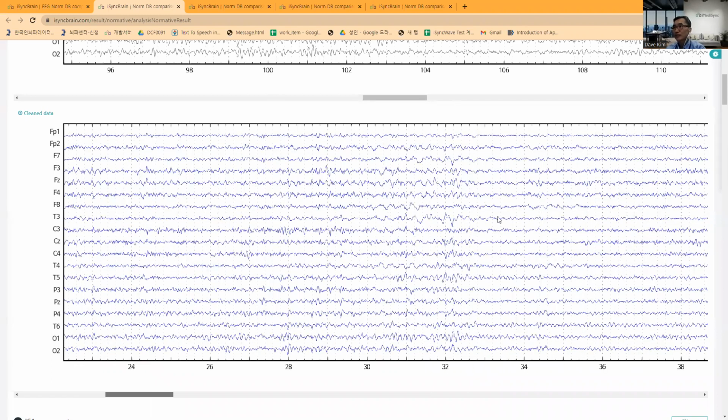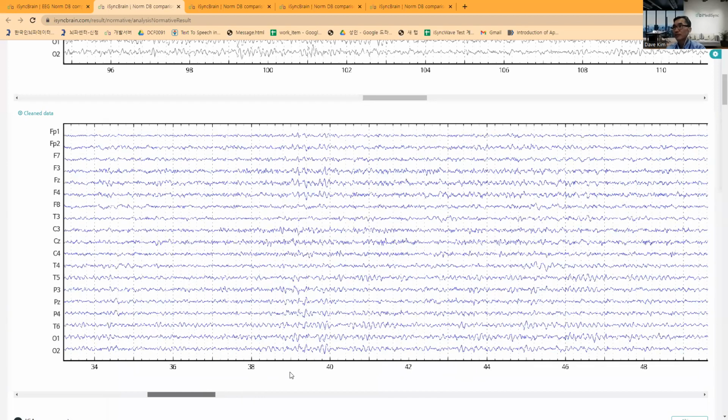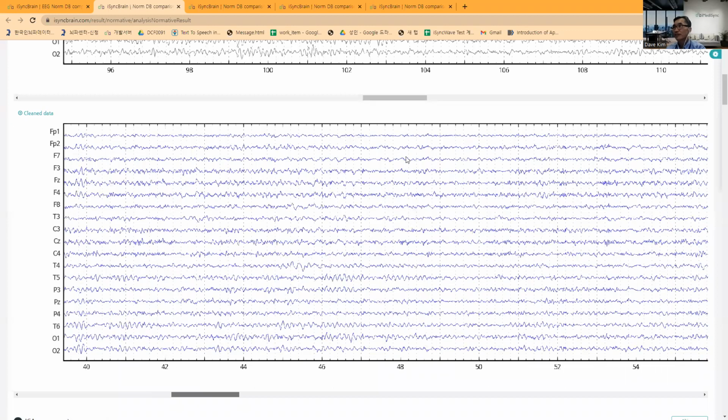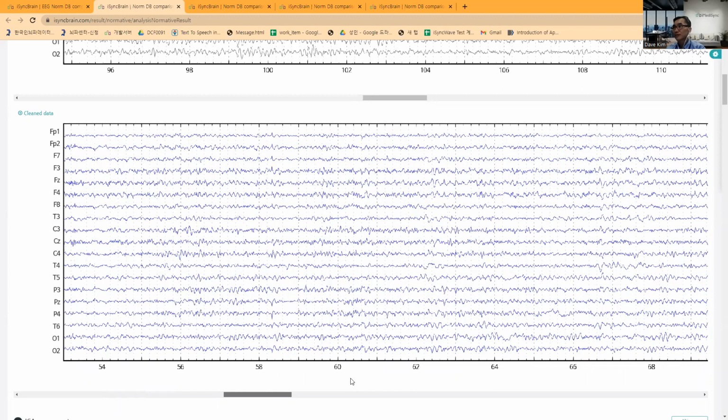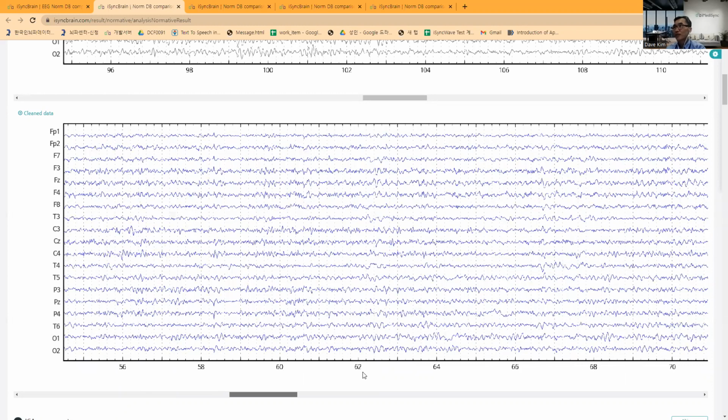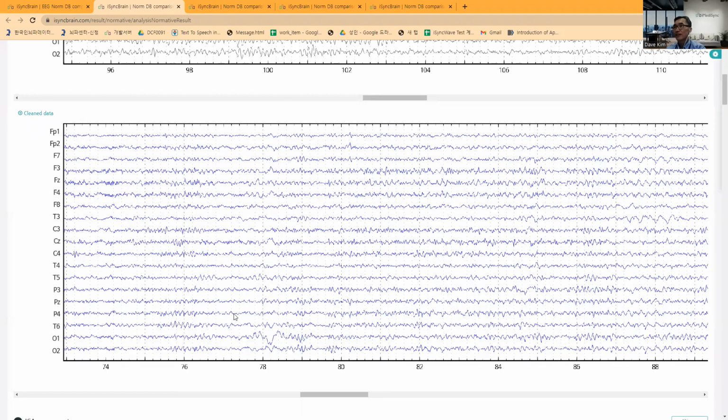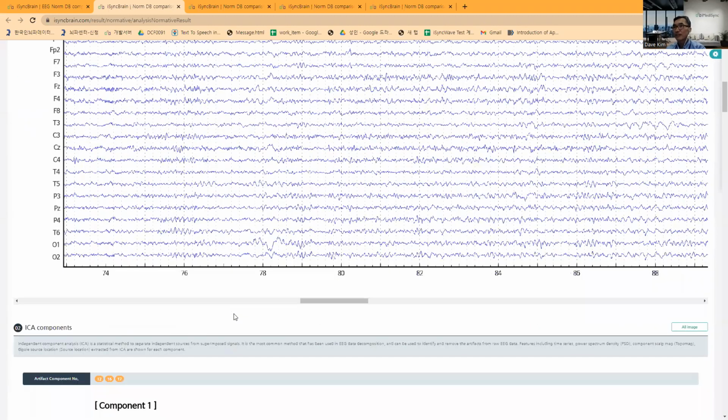This is a lot of theta activity and alpha activity, repeatedly shown like this, slow theta activity. And we can find the components like this.